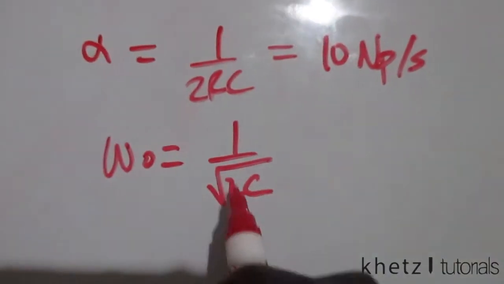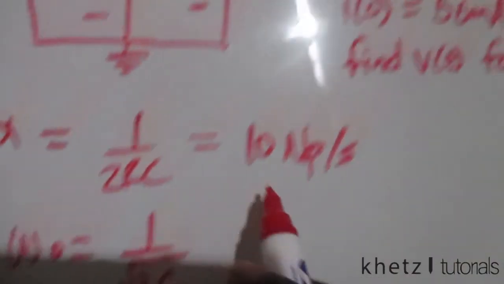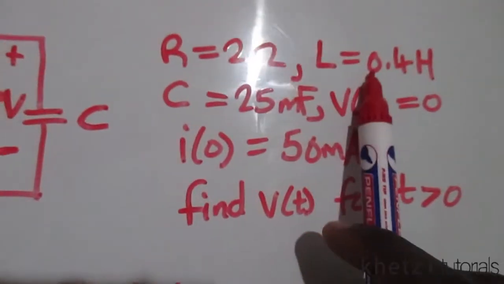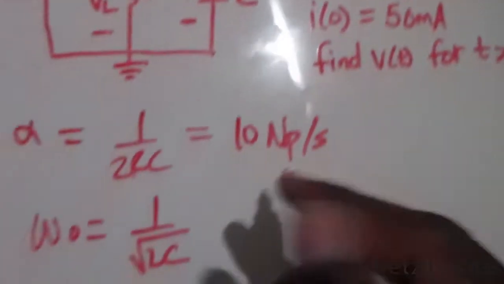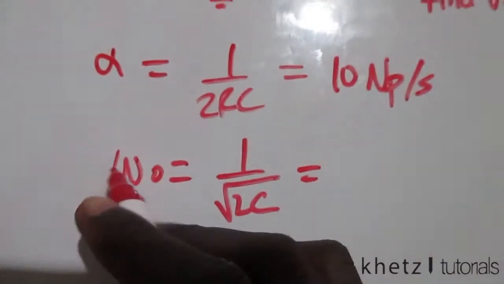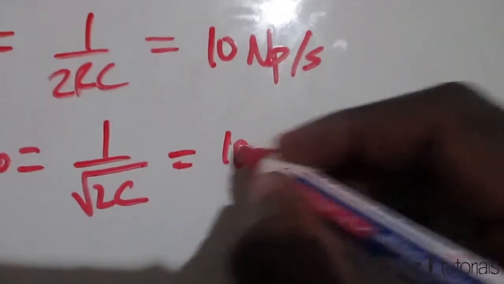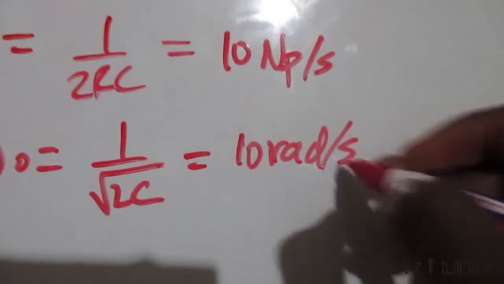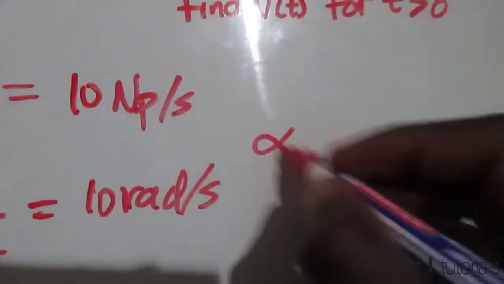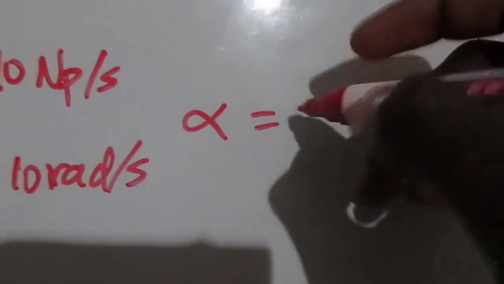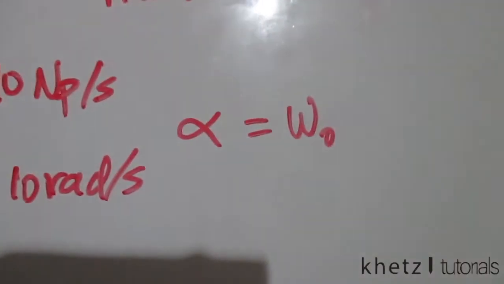And here, substituting 1 divided by the square root of L multiplied by C is going to give you this resonant frequency of 10 radians per second. So you'll notice that your damping factor is equal to your resonant frequency.